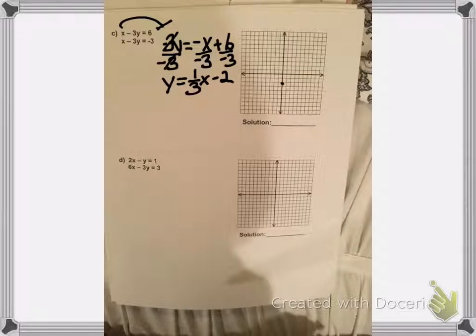Okay, there's my point. And then I'm going to rise 1 and run 3. And that puts a point right there.